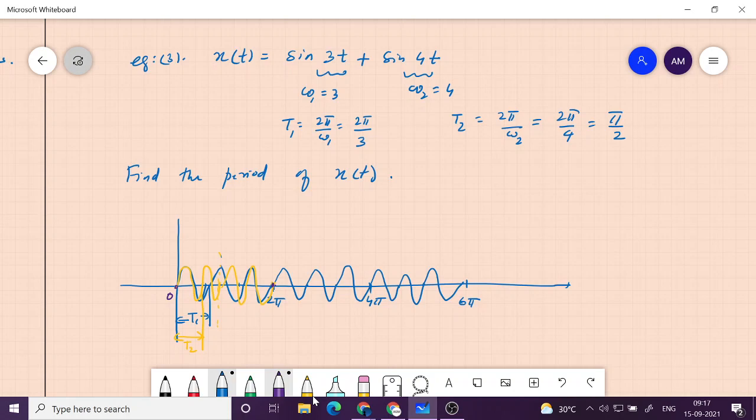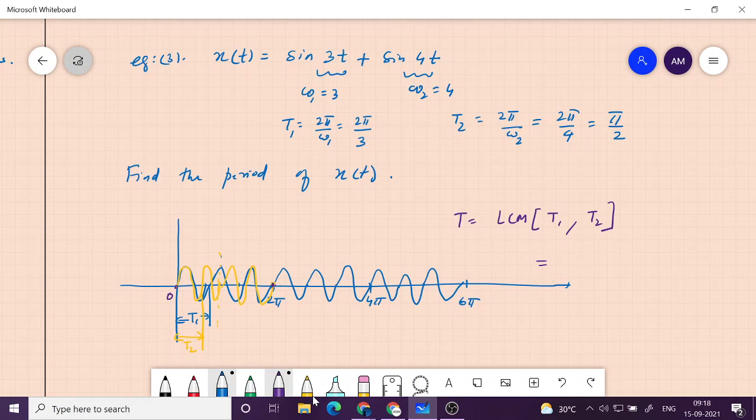So how can we get this? If this is T1 and this is T2, you need to look for the common multiple, the least common multiple of T1 and T2. So the period is basically LCM of T1 comma T2.